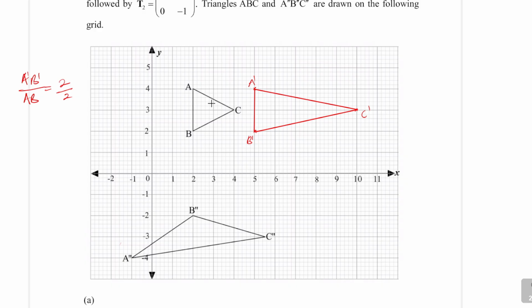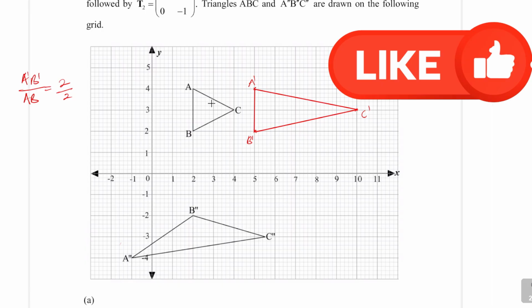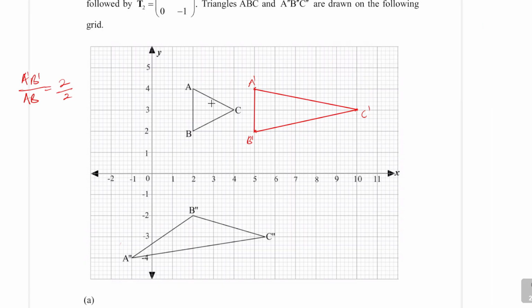Another strong point that is going to disqualify this from being a shear is, look at the area of triangle ABC and the area of triangle A prime, B prime, C prime. If you calculate the area of the object, this being the object and this one being the image, you notice that the area will automatically change.